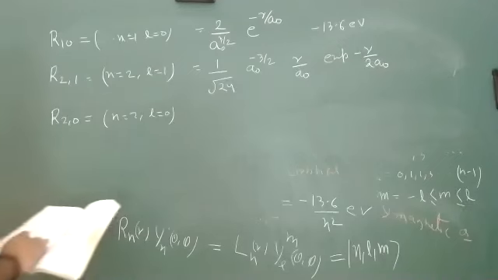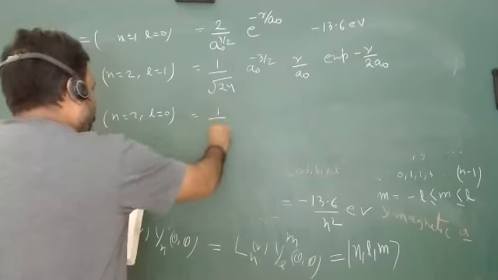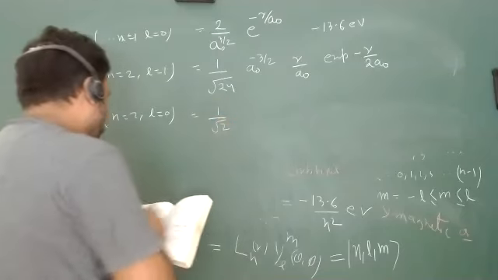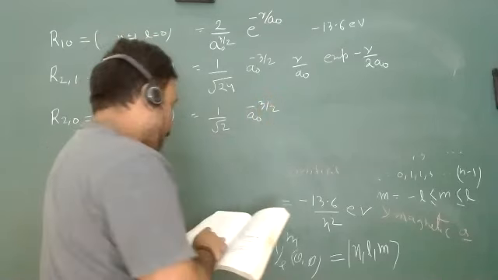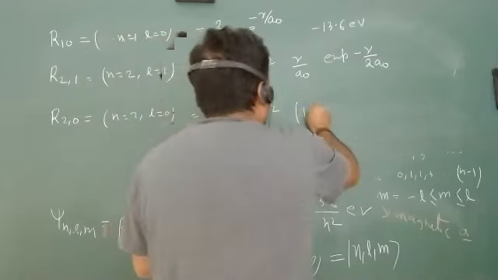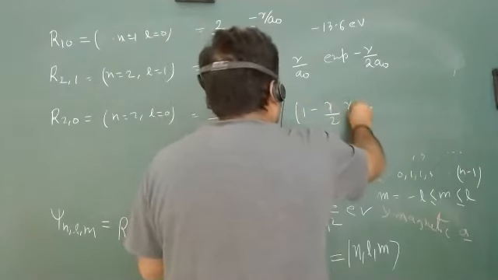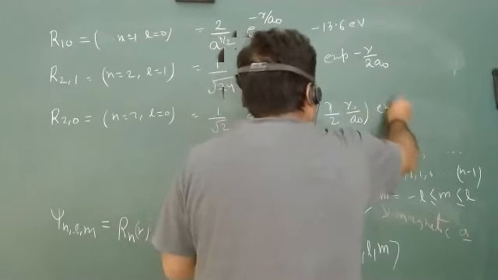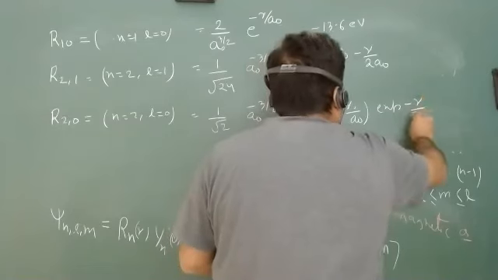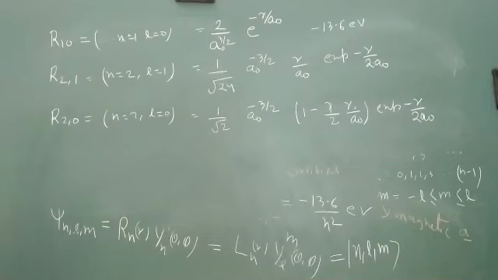And this value is equal to 1 upon factorial 2, a naught to the power minus 3 by 2, 1 minus 1 by 2 r upon a naught, exponential minus r upon 2 a naught. So this will be your radial part of the wave function.